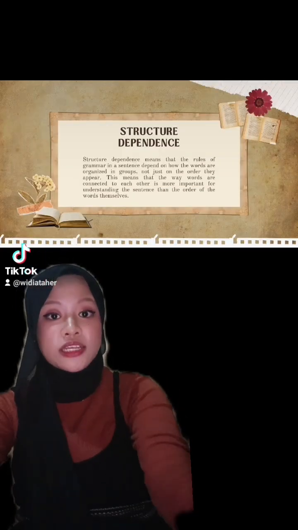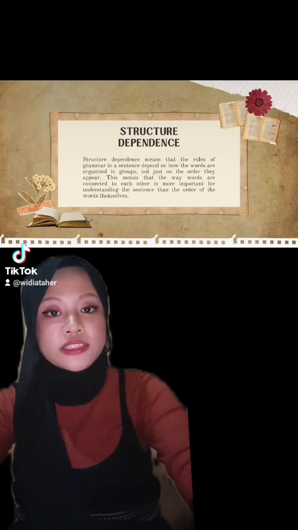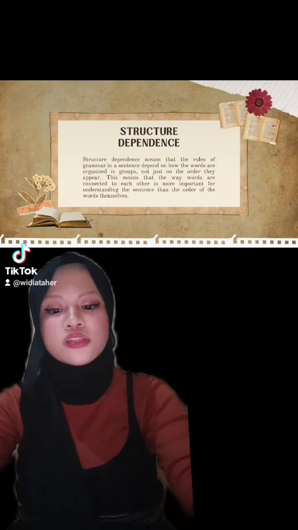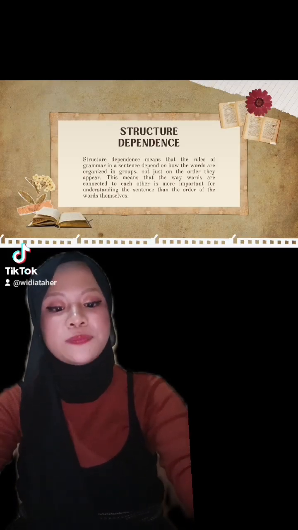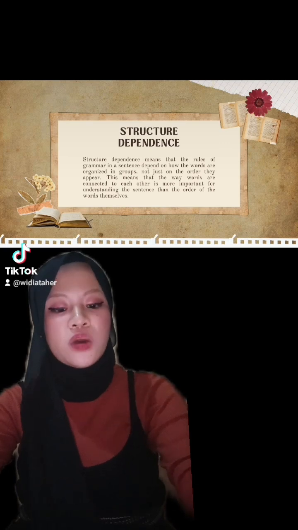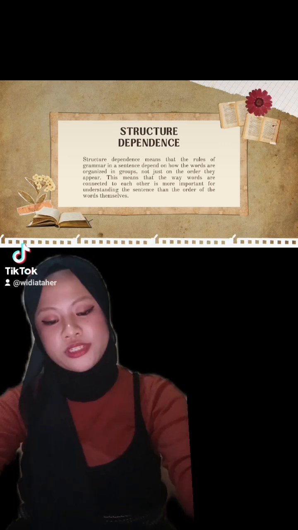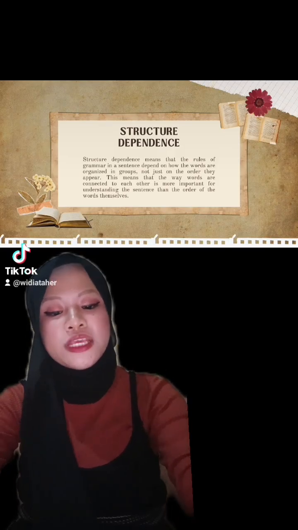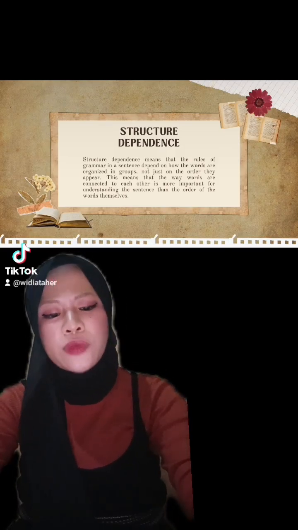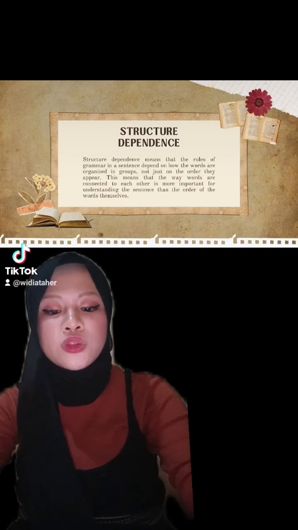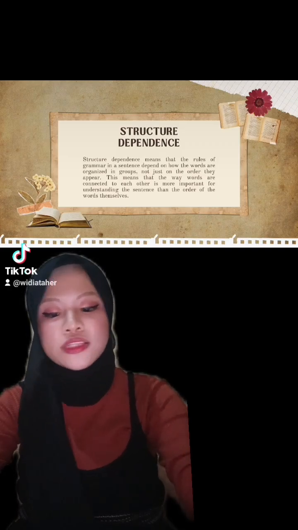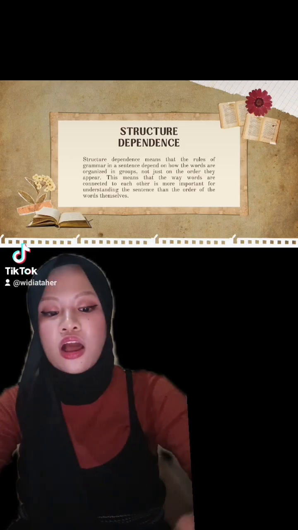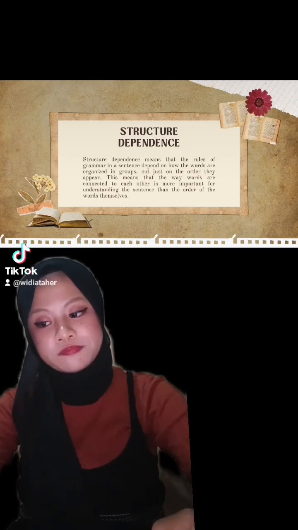The next one is about structure dependence. Structure dependence means that the rules of grammar in a sentence depend on how the words are organized in groups, not just on the order they appear. This means that the way words are connected to each other is more important for understanding the sentence than the words themselves.